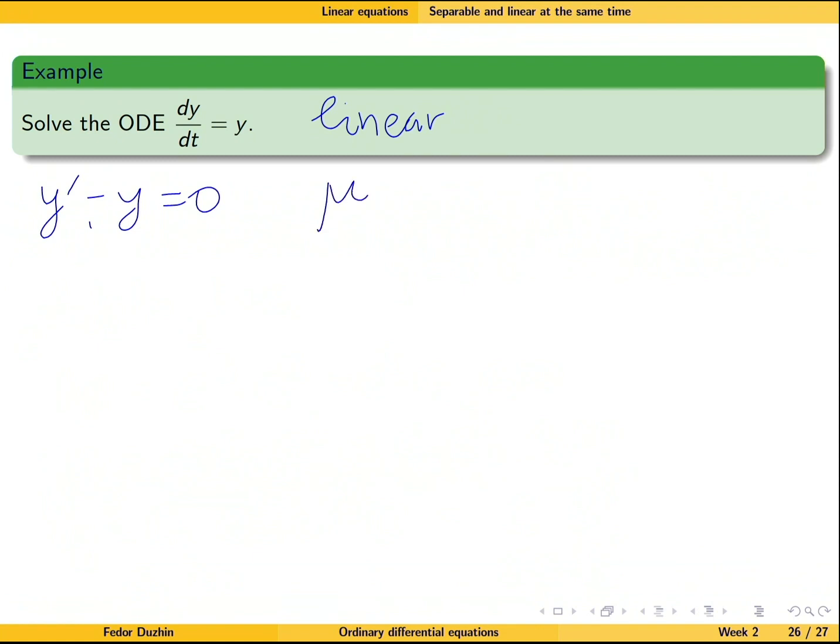So then we can find the integrating factor, and the integrating factor is e to the power antiderivative of minus 1 dt, which is e to the minus t. By multiplying with the integrating factor, we know that the left-hand side should be the derivative of the integrating factor times y, which is e to the minus t times y prime equals, well, 0, because 0 times the integrating factor is still 0.